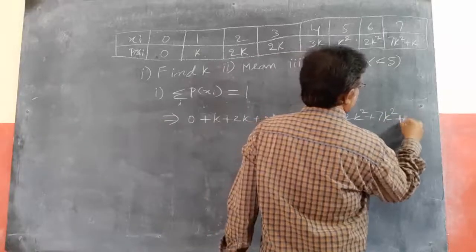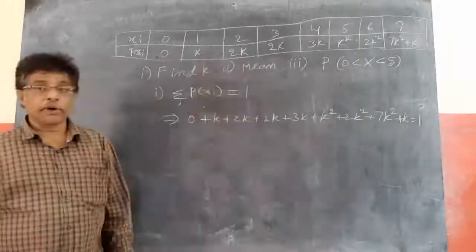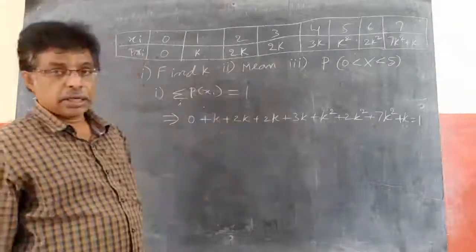Adding together must give you 1. So total probability is always 1.